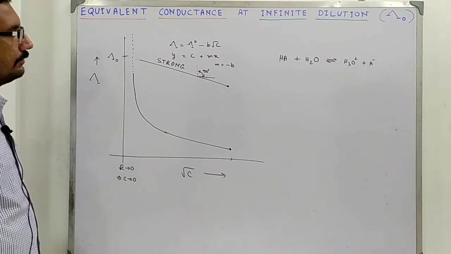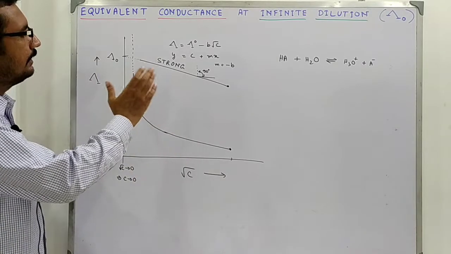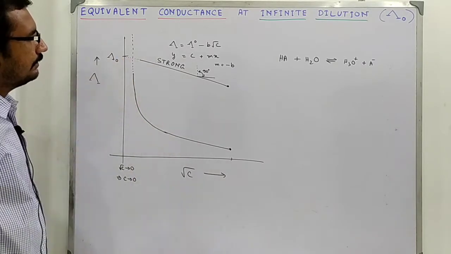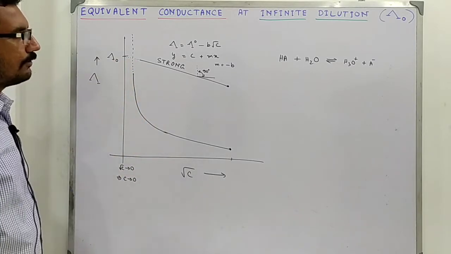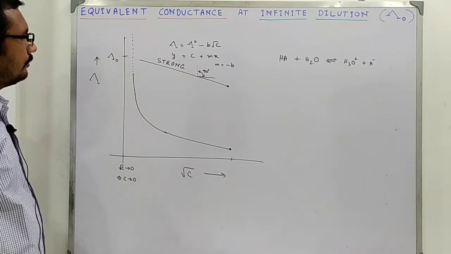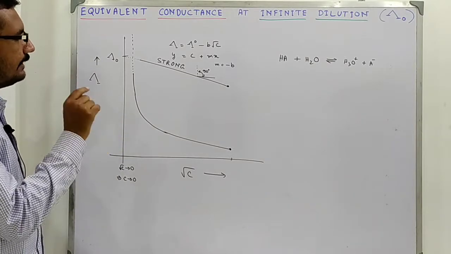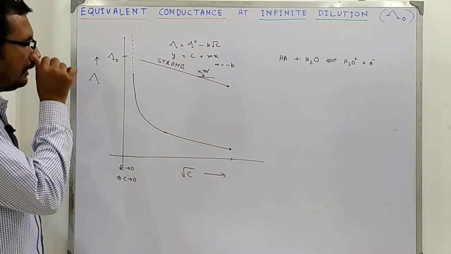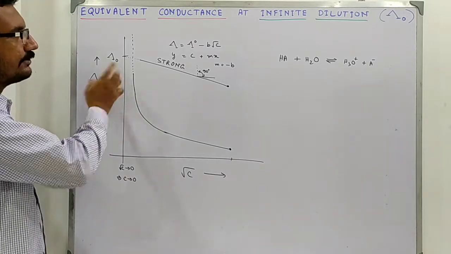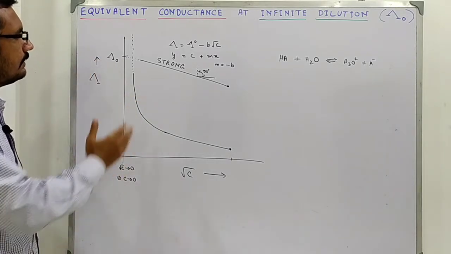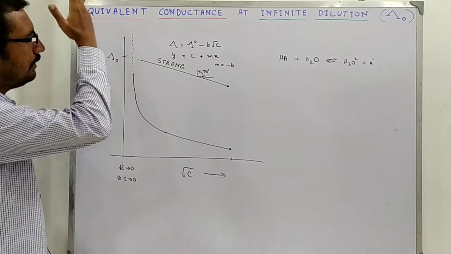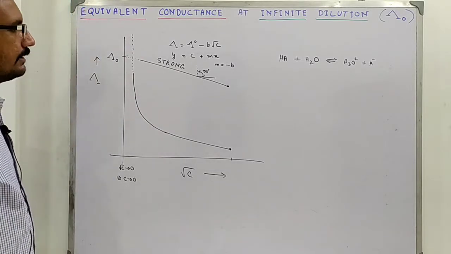It must be near about the value of strong electrolytes. So, for weak electrolytes, the equivalent conductance at infinite dilution cannot be determined by simple extrapolation, since this extrapolation takes us to the undefined region.